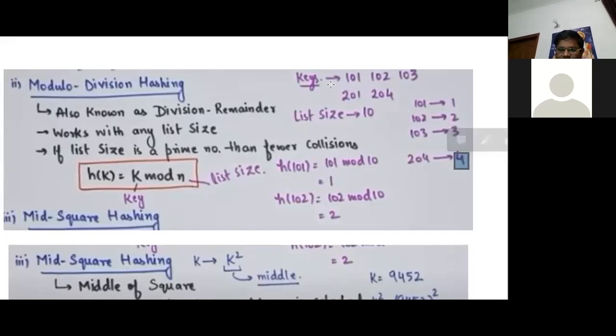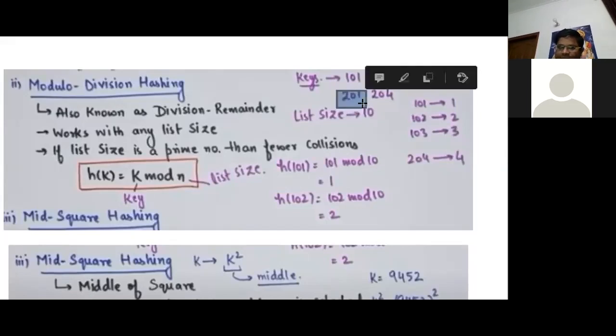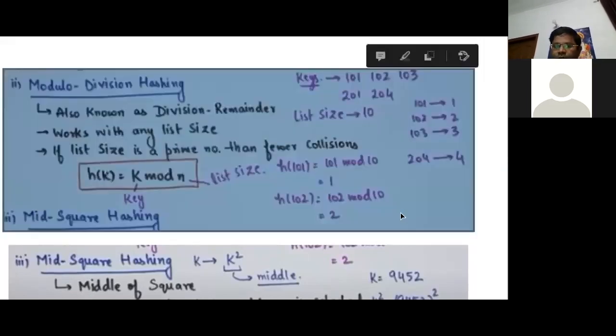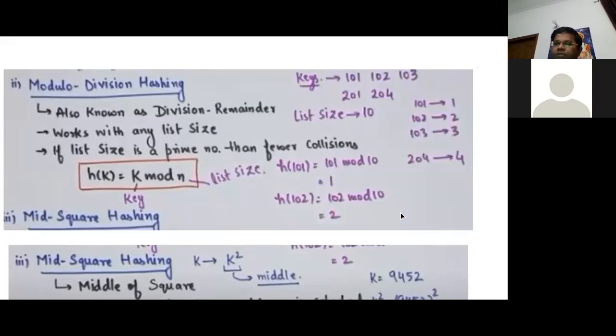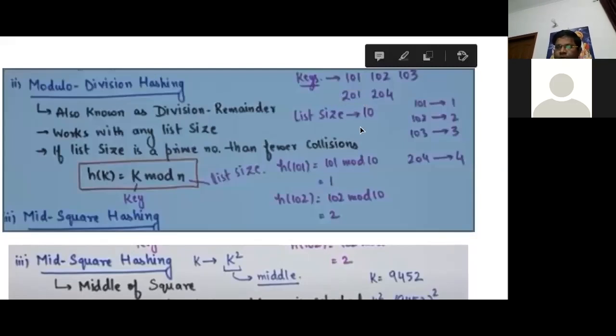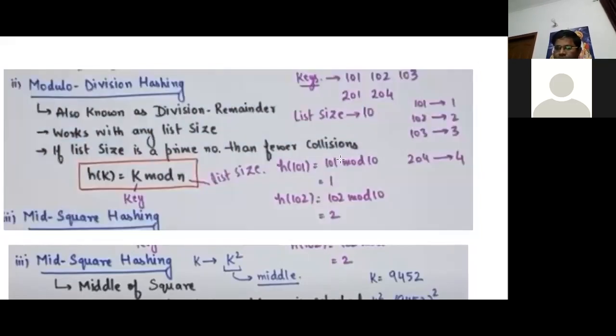Now the remaining key is 201. Calculating its hash function also returns the value 1, because 201 modulo 10 is 1. So we are getting two 1 values. There is a collision at key values 101 and 201, since they are placed at the same index.